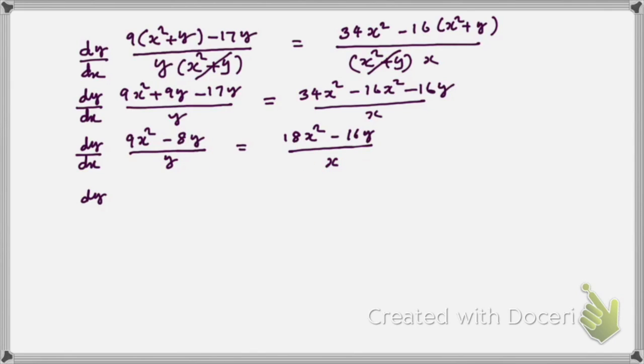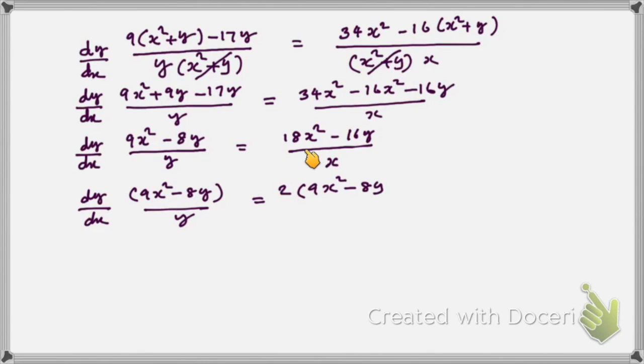Now there is a common factor 2 on the right side, so I'm going to take that out. Left hand side I copy the same, 2 times (9x square minus 8y) by x, and you can see 9x square minus 8y and 9x square minus 8y, the numerators are cancelling. So just send this 2 to the other side, so dy by dx becomes 2y by x.